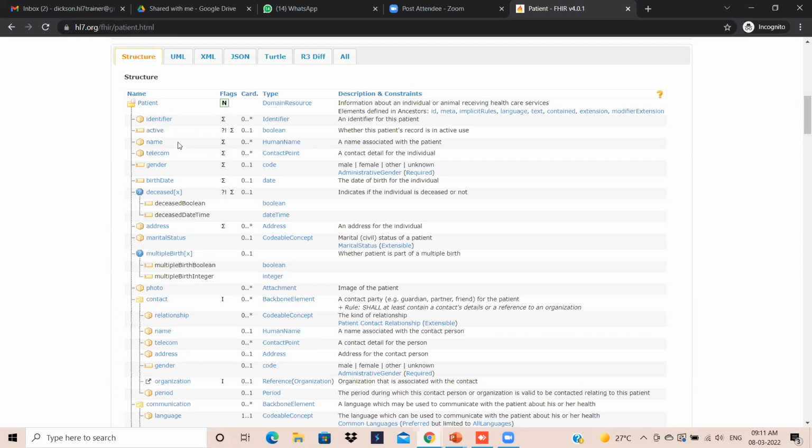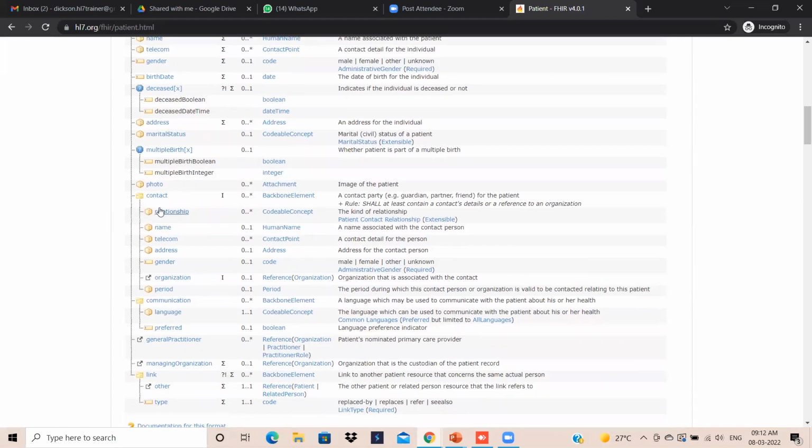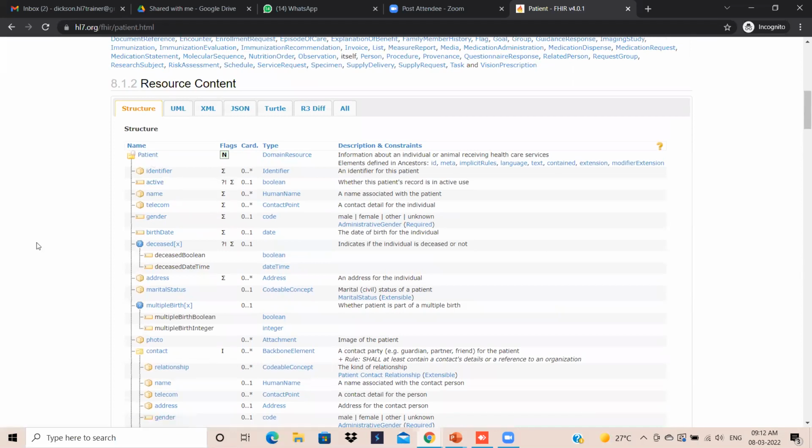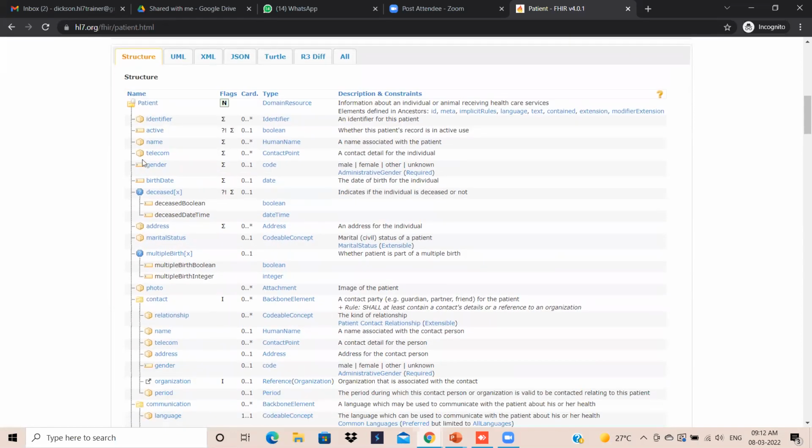We call these elements. In HL7 V2, within each segment, we have fields, right? In the same way, we have elements here. So we have the identifier element, the name element, telecom, gender. This entire resource has the information with respect to the patient in the form of individual elements.